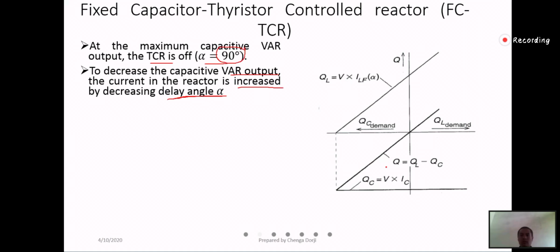You keep decreasing alpha, so QC may reach here and QL here.